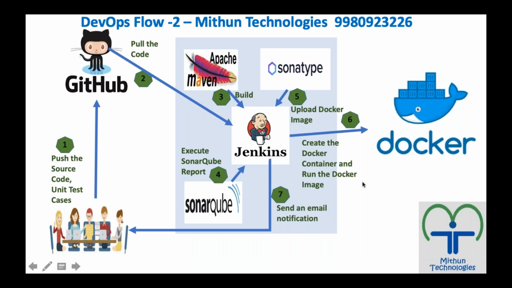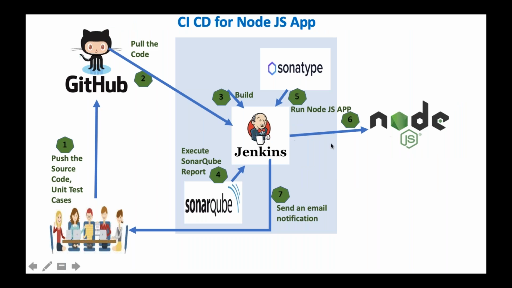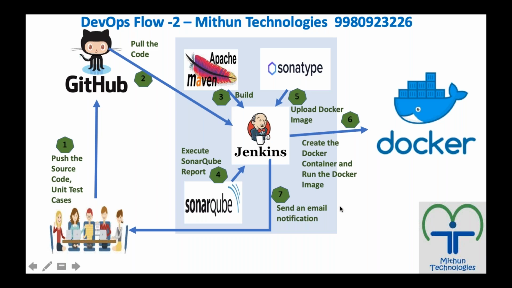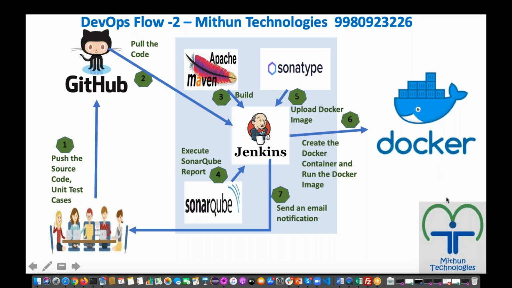So this is another way of deploying. Actually for your batch, we didn't commit to this. But you people are very proactive, that's why I have added this extra topic also. So when we start Docker, we are going to cover how to create a Docker image for your Java application, and how to run that.